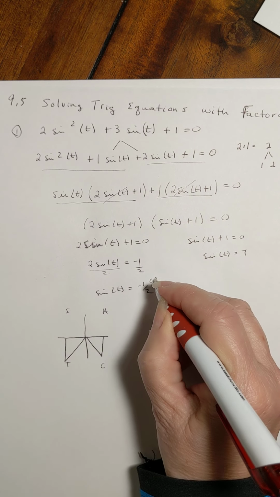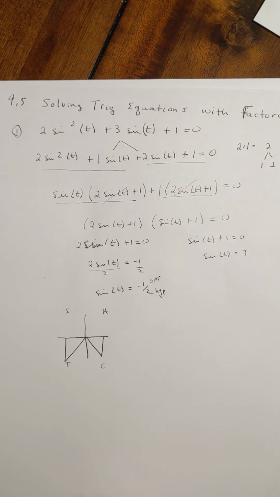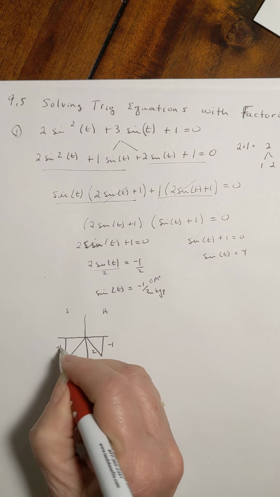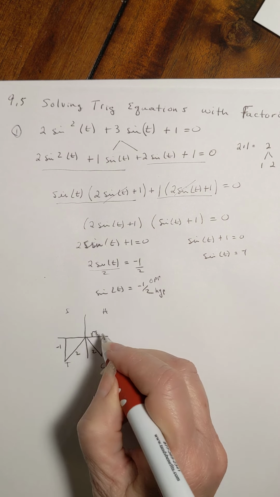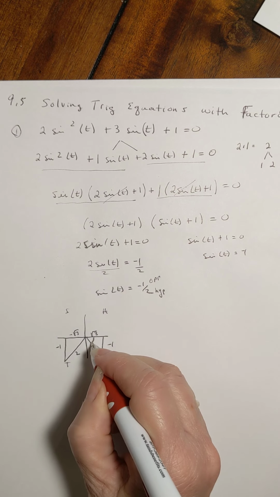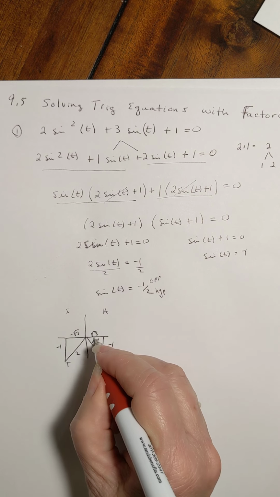And then notice my opposite is going to be 1, and my hypotenuse is going to be 2. So this would be negative 1 and 2, negative 1 and 2. And then, of course, this would be square root of 3, and this would be negative square root of 3. So my reference angle here is a 30-degree angle, or pi over 6.